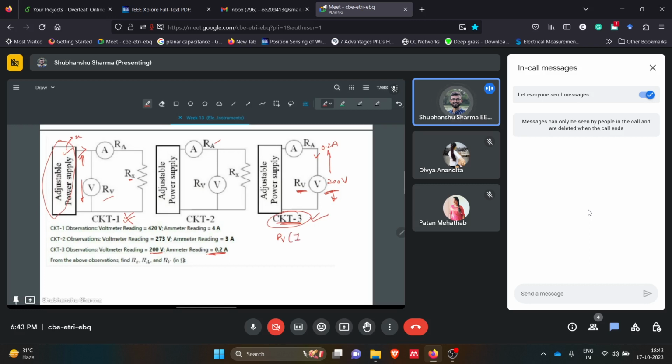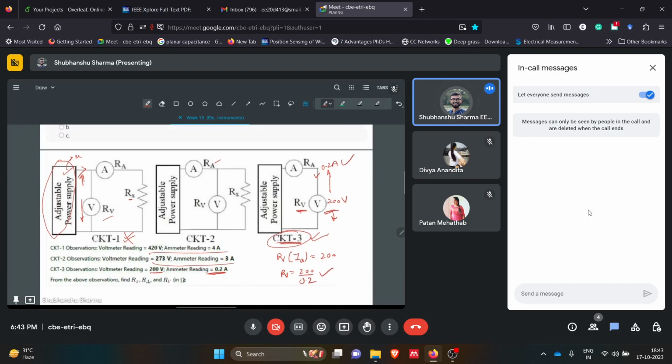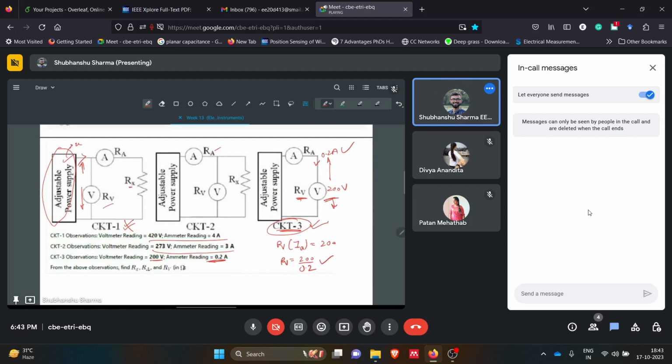IA equals 200 volts, so RV will be 200 divided by the current. Since we get RV from this case, then we can use these conditions. I'm not solving this, as you have already solved it and you have the solution, but only the approach matters. Then we had this 3 amperes here.